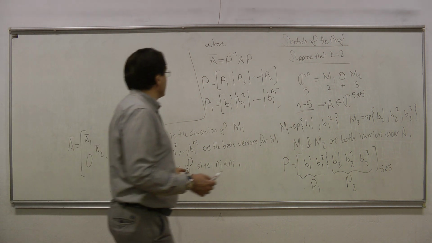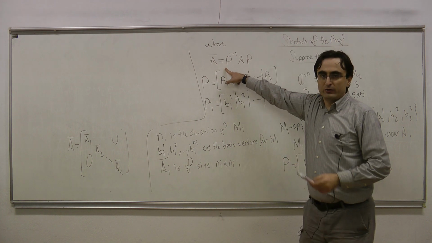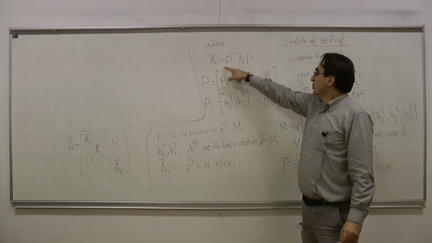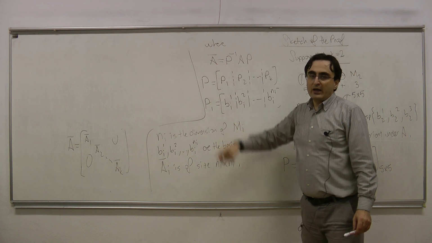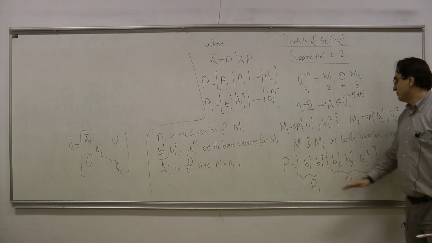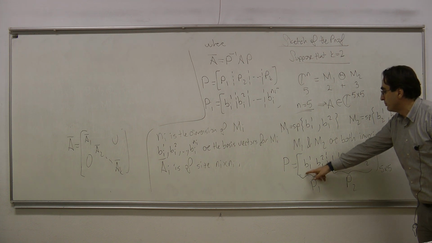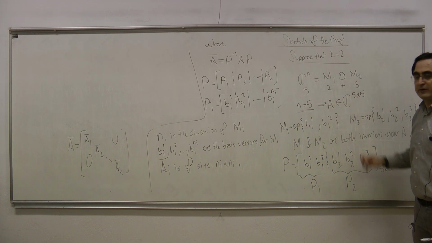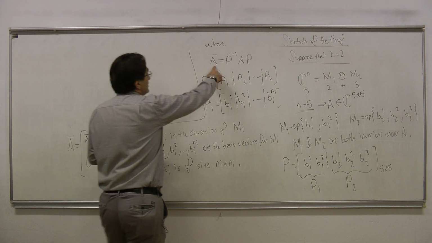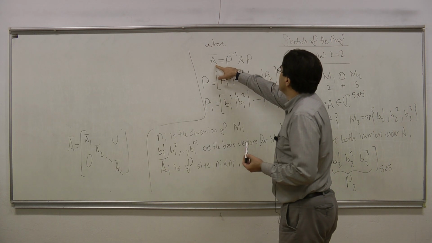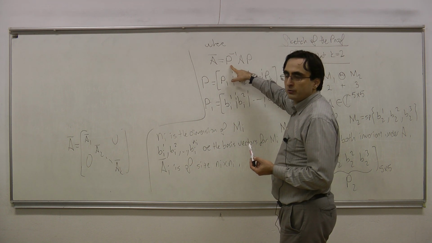And how can we do that? We are going to use this equation here in order to find A bar. And this is P, my basis change matrix composed of the basis vectors of these invariant subspaces. Remember, in this formula I have P inverse.